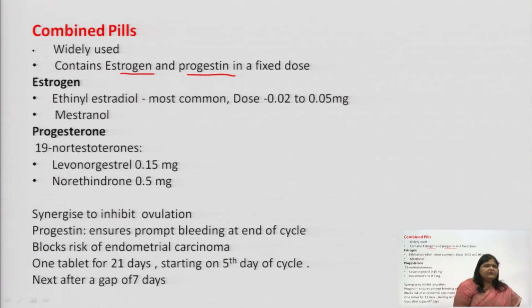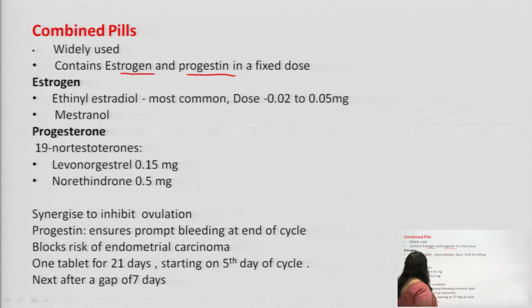The estrogen which is most commonly used is ethinyl estradiol, in a dose of 0.02 milligram to 0.05 milligram. Then the progestins most commonly used are the 19-nortestosterone derivatives, and the drug levonorgestrel in a dose of 0.15 milligram is generally used. Now, how do they produce their action?